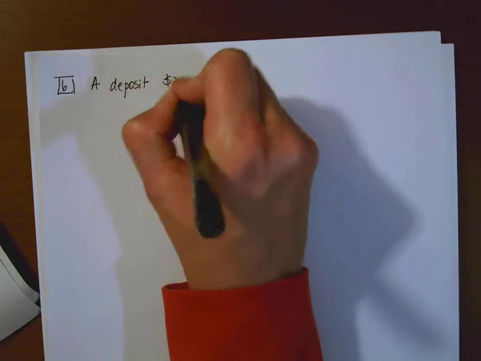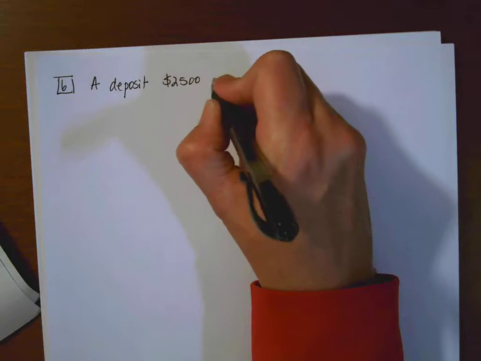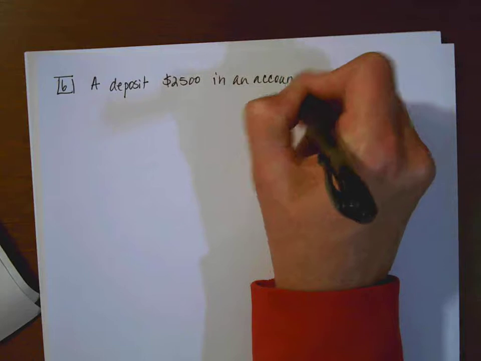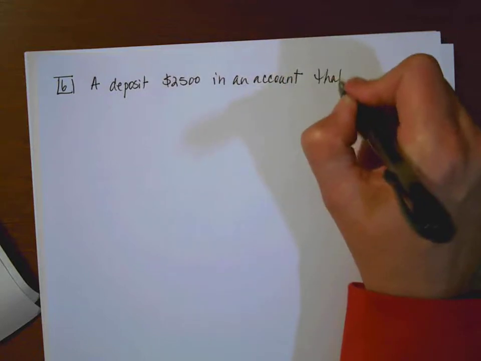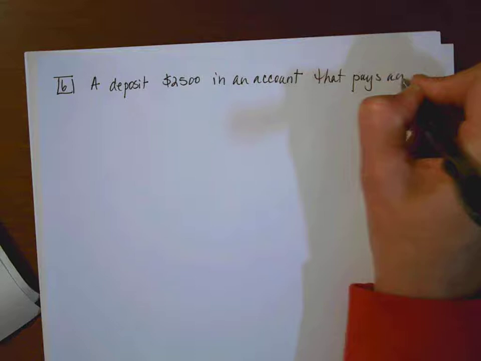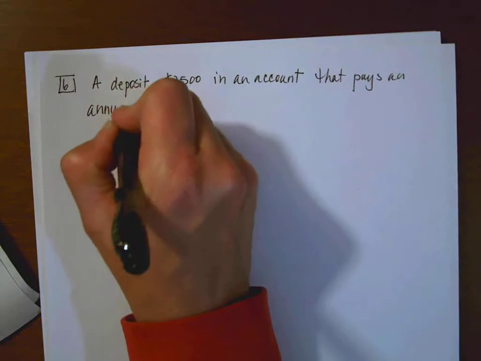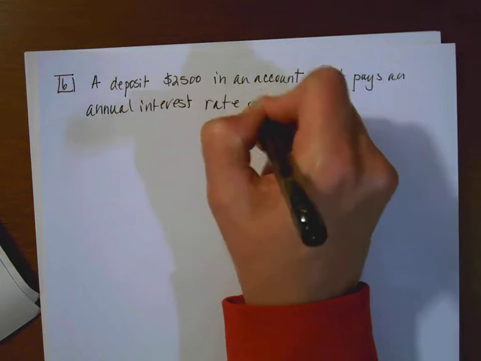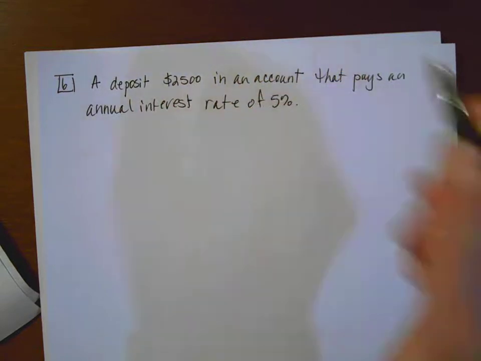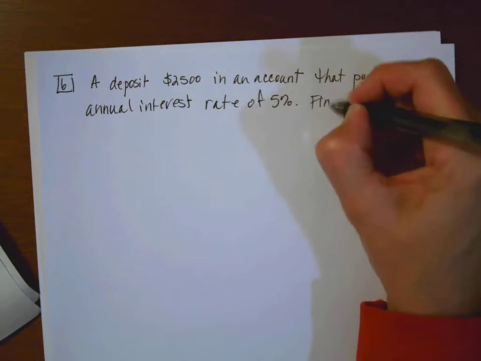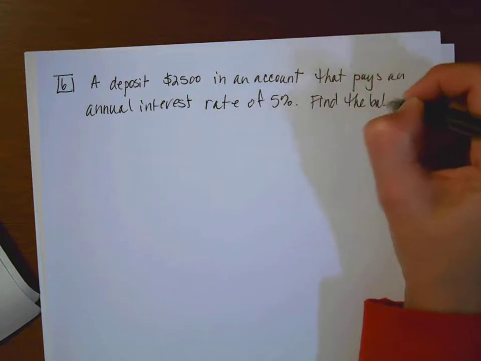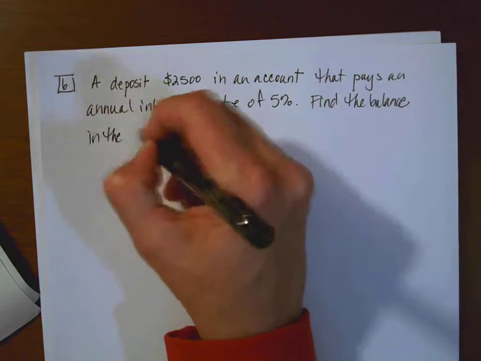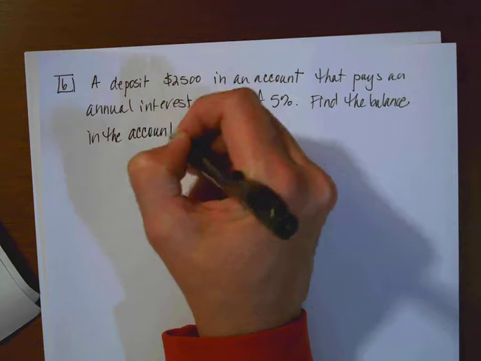So we are going to deposit $2,500 into an account that pays an annual interest rate of 5%. And I want to find the balance. Again, this is just a pre-calc problem, so it's nothing too exciting.